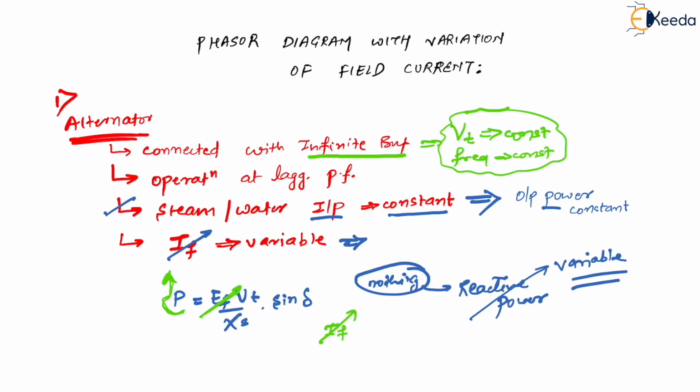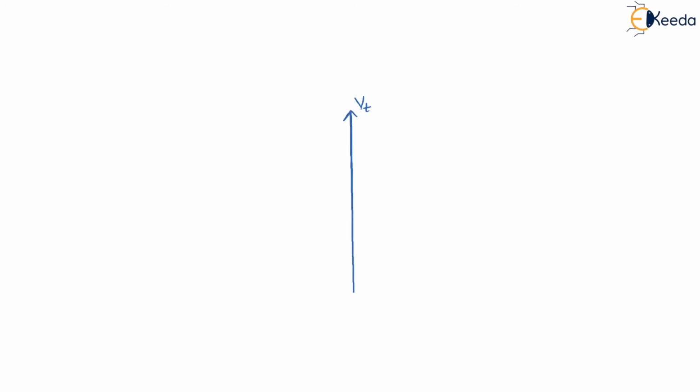Focus, dear, focus. See. Yes. So now let me consider Vt. Let me consider this as Vt. Now, what have we seen? We have seen that my Ia has to be how? Lagging or not? Yes. Why? Because we have already seen that it is operating at lagging power factor. That is what we have decided to do. Correct? So let me have lagging power factor.